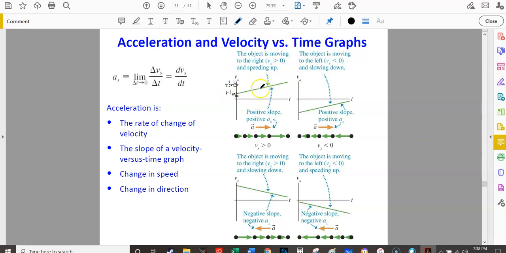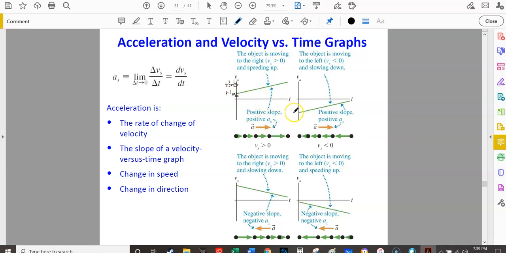Well, if you notice the slope here is positive, that tells you that it's got a rightward pointed acceleration vector. So anytime your slope is positive in a velocity versus time graph, that is indicative of a positive acceleration or a rightward pointed acceleration. And in this case, this is speeding up in the positive direction. So that means you've got positive velocities and a positive acceleration. Okay.